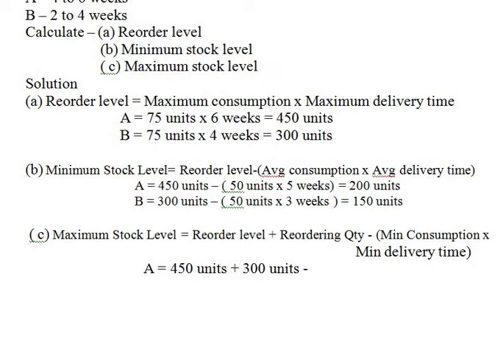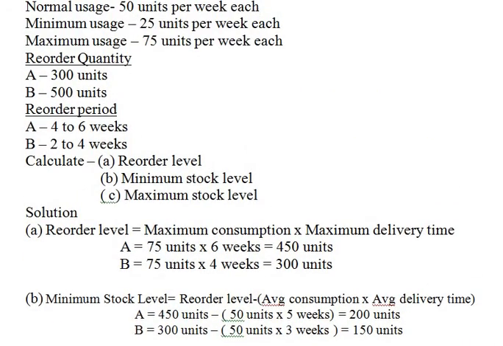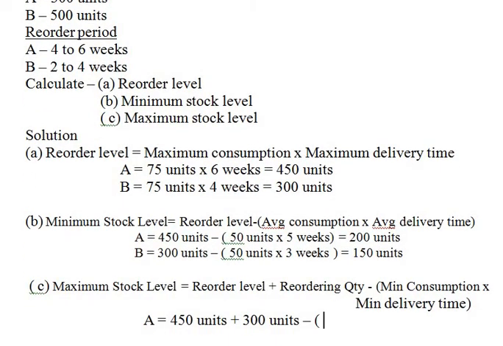Okay, then minus, in bracket, minimum consumption. Minimum consumption is given. For A, minimum consumption is 25 units per week. So here 25 units into minimum delivery time.